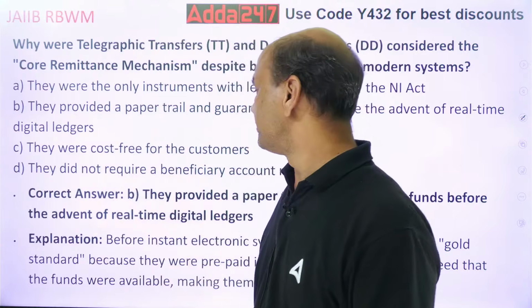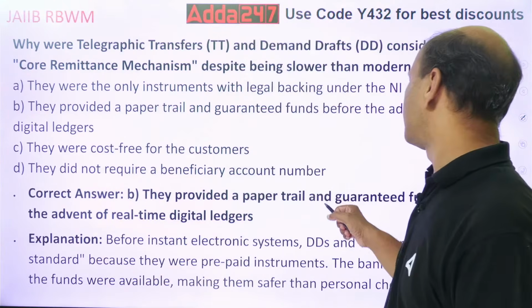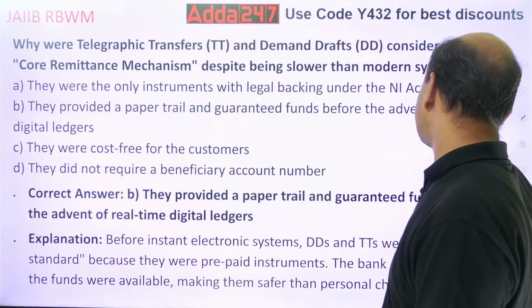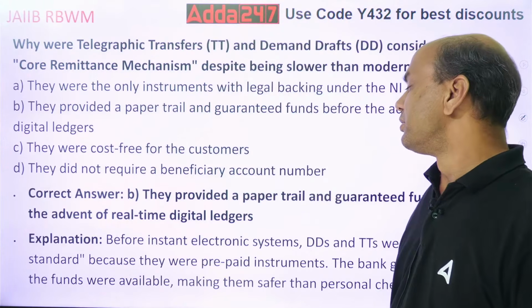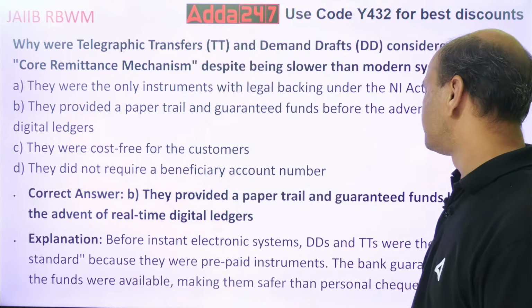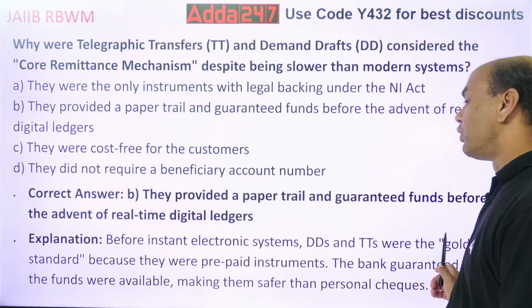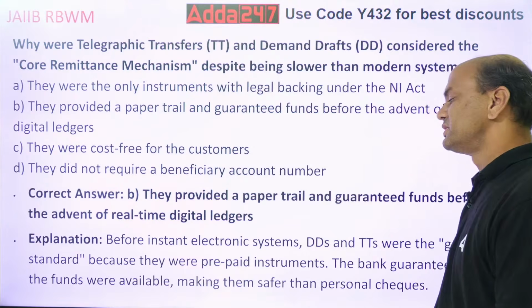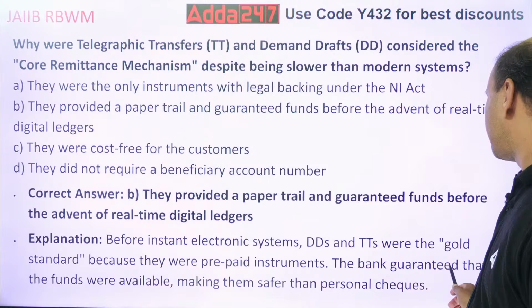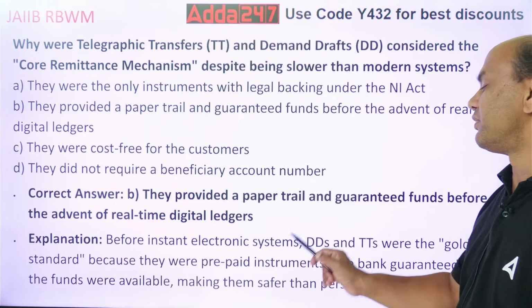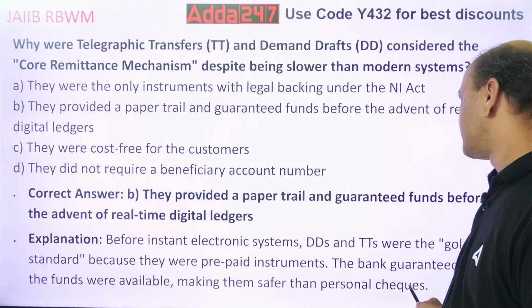Okay? So they provided a paper trail and guaranteed funds before the advent of real-time digital ledger. Before instant electronic streams, DDs and TTs were the gold standard because they were prepaid instruments. The bank guaranteed that the funds were available, making them safer for personal checks.